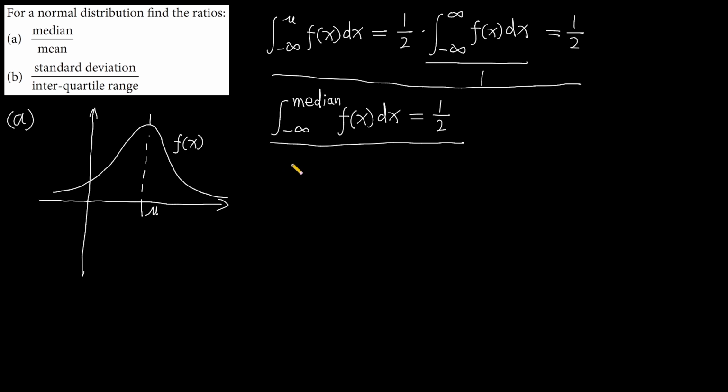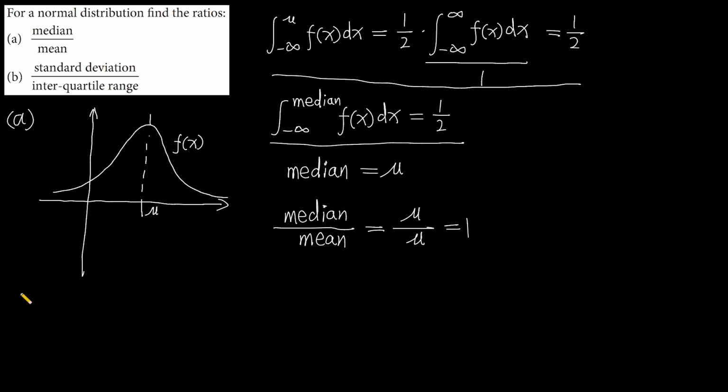We can infer that the median is equal to the mean, equal to mu. Mu is the mean. So the median over mean equals mu over mu. This equals 1.